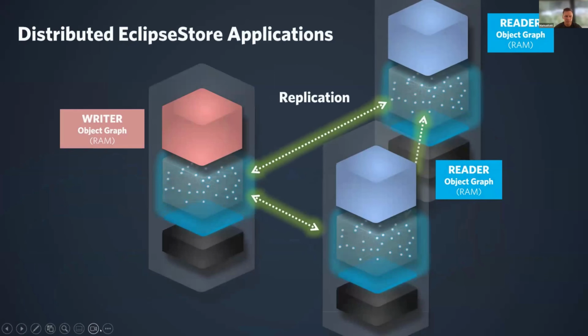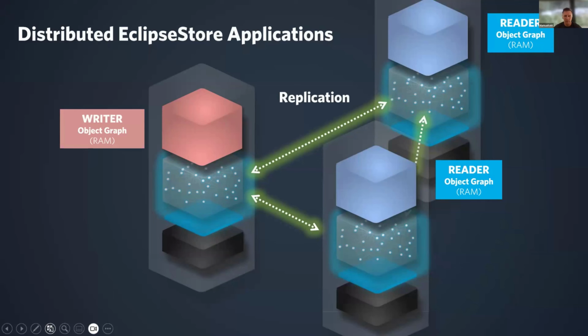Replication is not a part of this training, but to mention, it is possible if you want to build distributed applications or microservices. MicroStream provides a concept called replication. It provides an EclipseStore cluster approach. This functional principle is also very simple. There is one writer node, and you have multiple reader nodes.